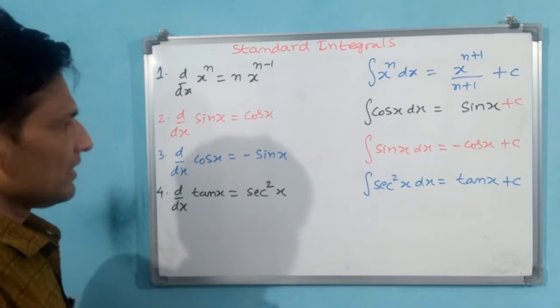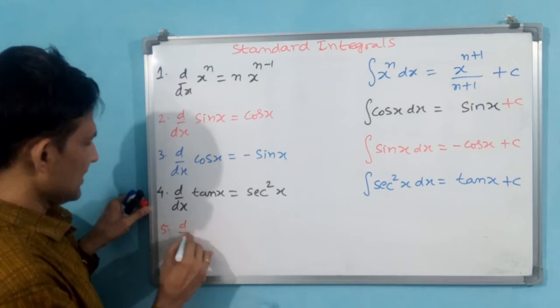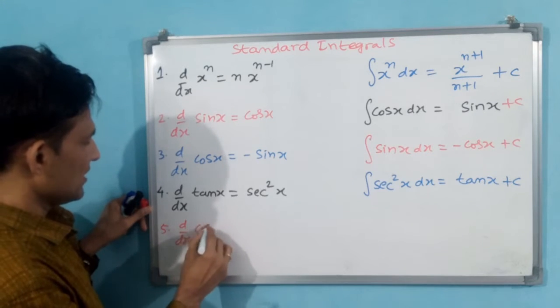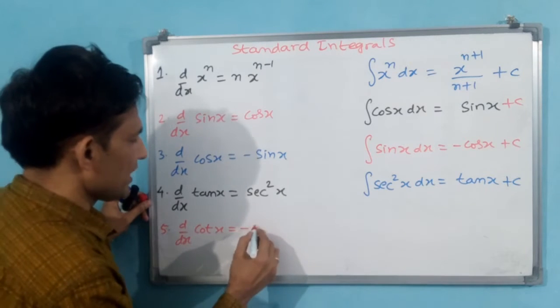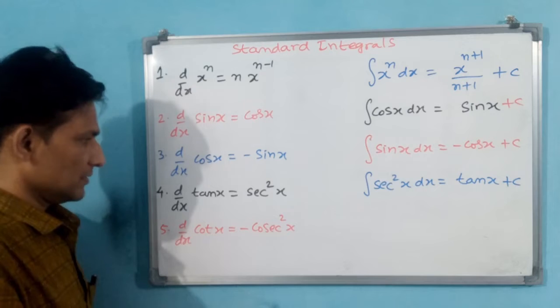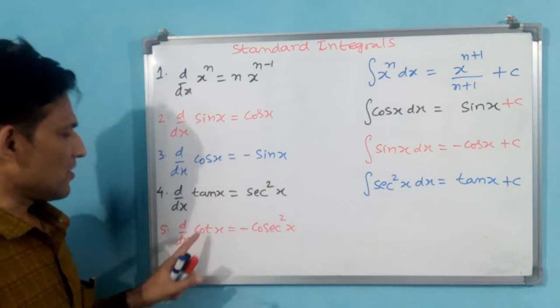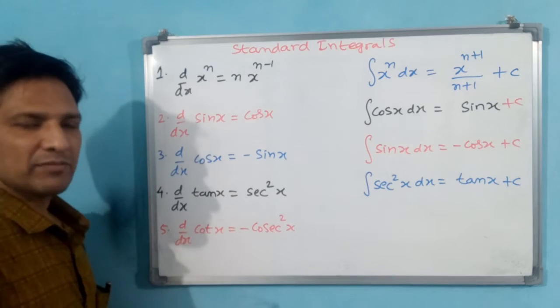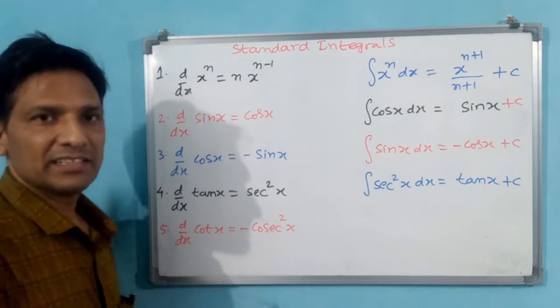Now go for cot x. d by dx of cot x is minus cosecant square x. Is it okay? Cos, cot, cosecant, minus will come in differentiation, not in integration.